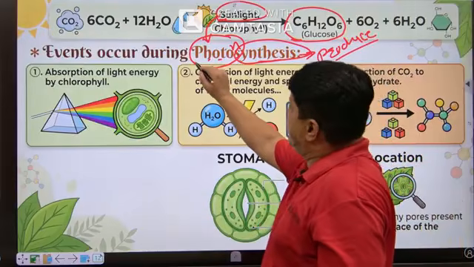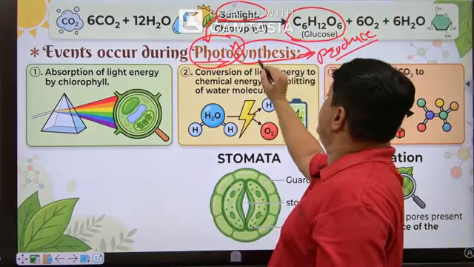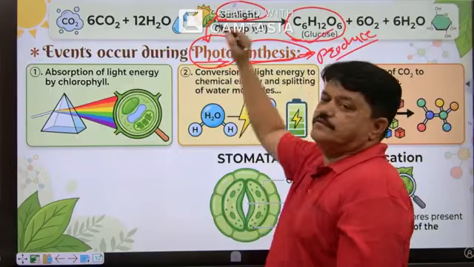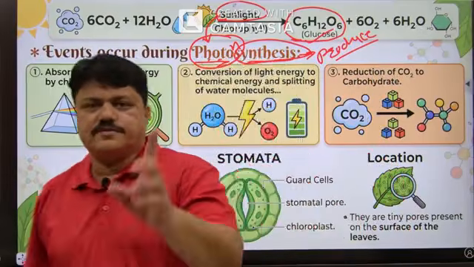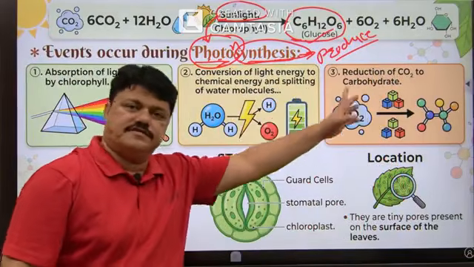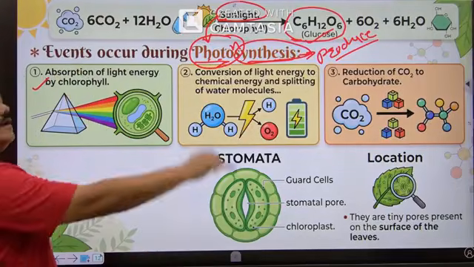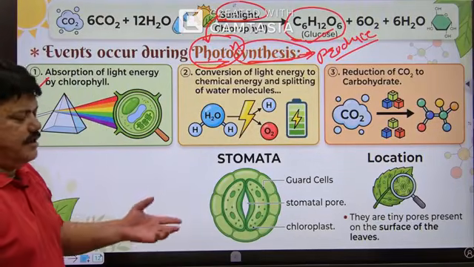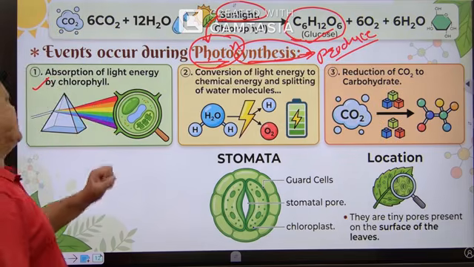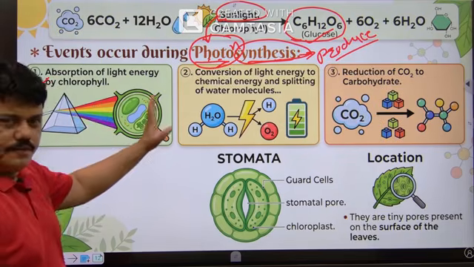That's why, with the help of photon rays, synthesis of glucose is done, and that's why the name photosynthesis is given. So the first event during photosynthesis is absorption of light energy by chlorophyll.